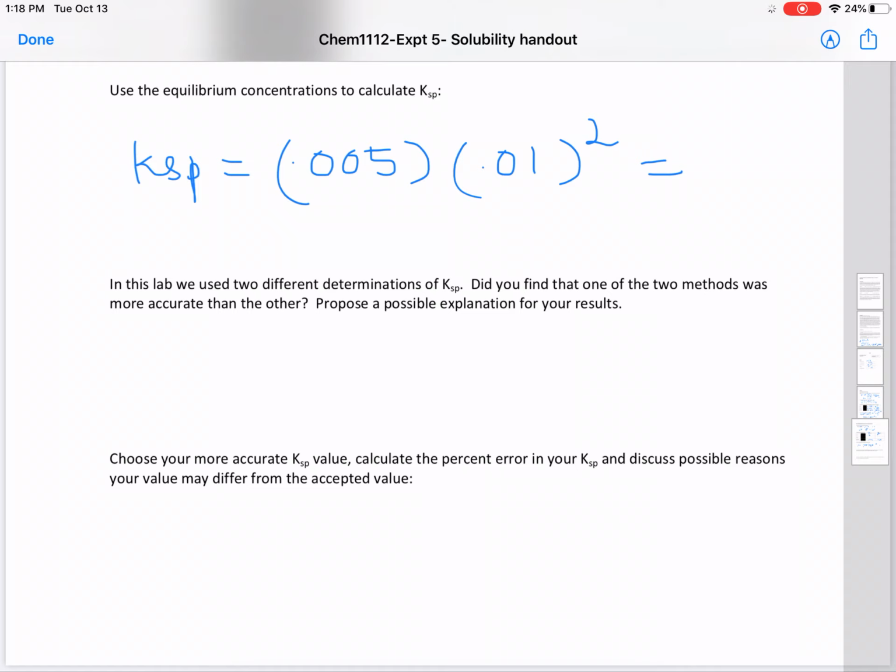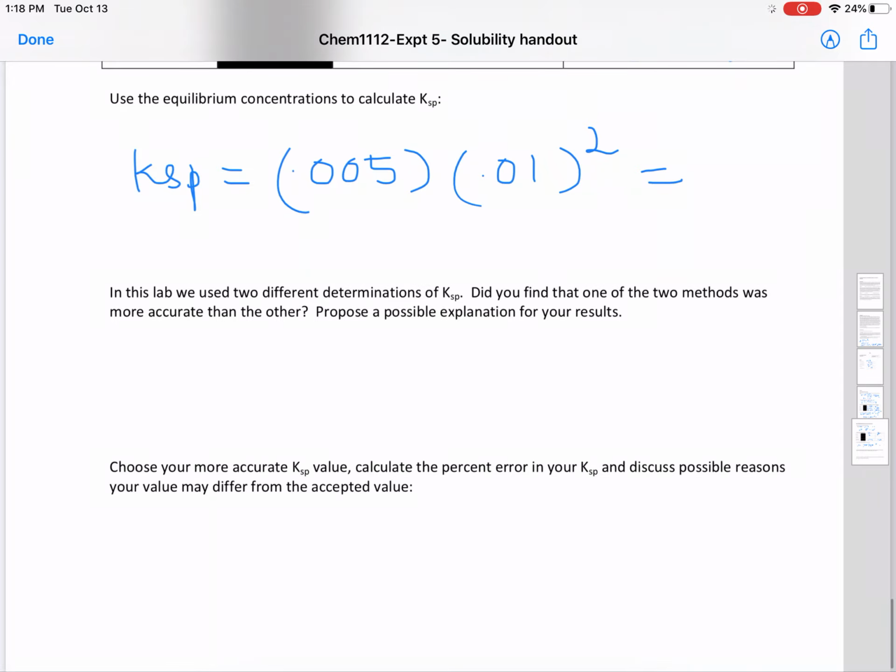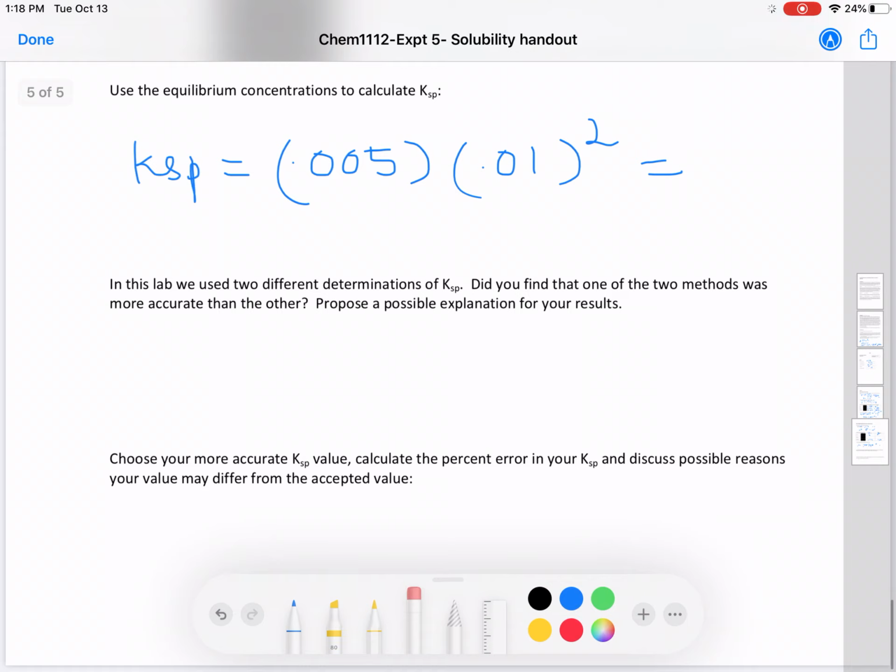Calcium hydroxide Ksp is 5.5 times 10 to the negative 6. That is the literature value, the accepted value that you need to compare your experimentally determined values to.